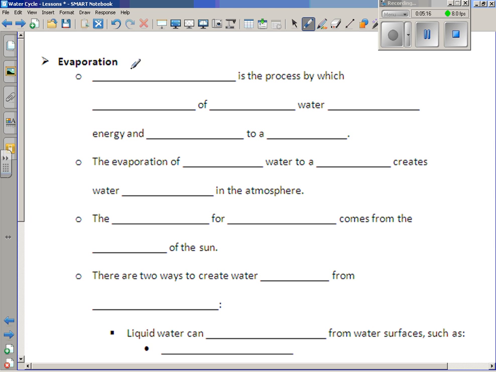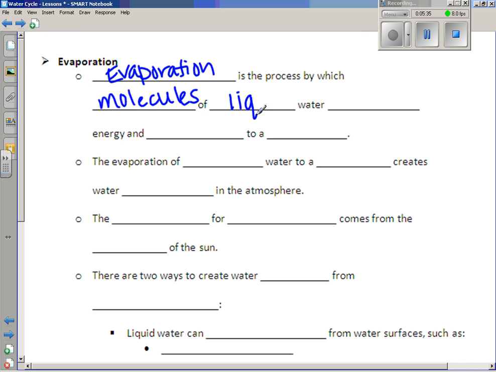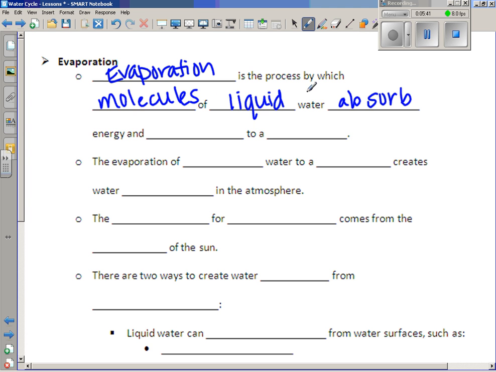Evaporation is the process by which molecules of liquid water absorb energy and change to a gas.